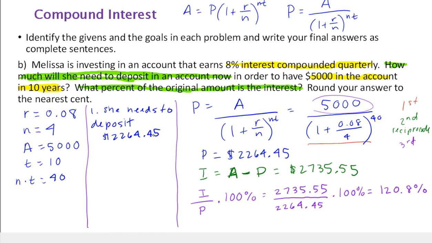Now our second answer asked us what percent of the original amount is the interest, and we will write the interest is 120.8% of the original amount, which refers to the principal. We call the principal the original amount and the amount the future amount.